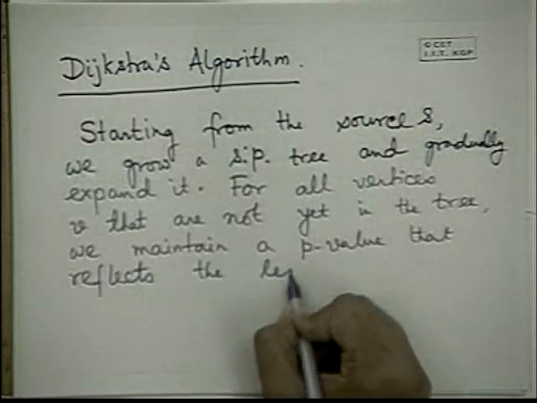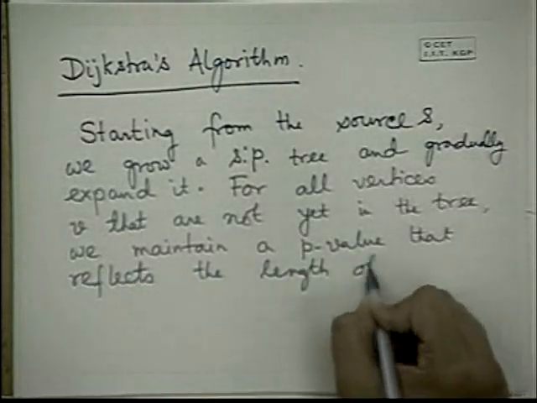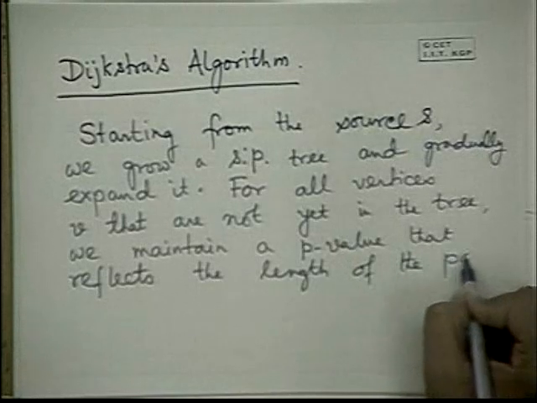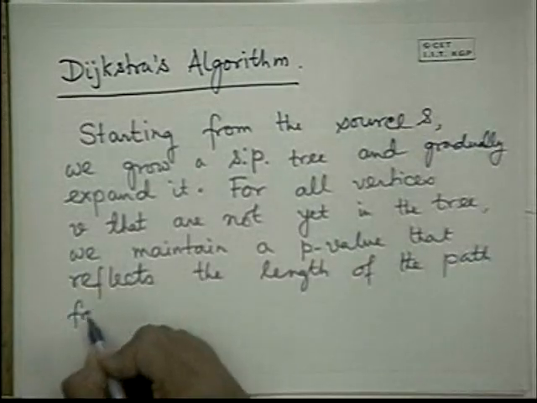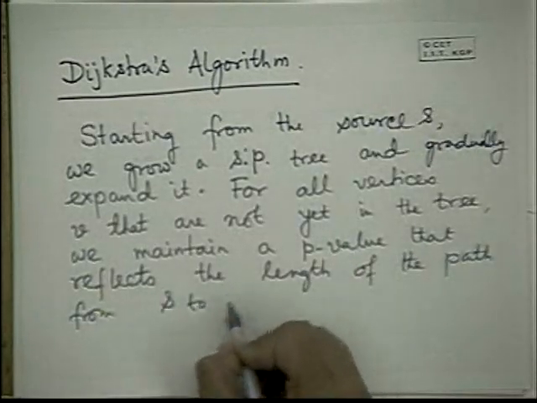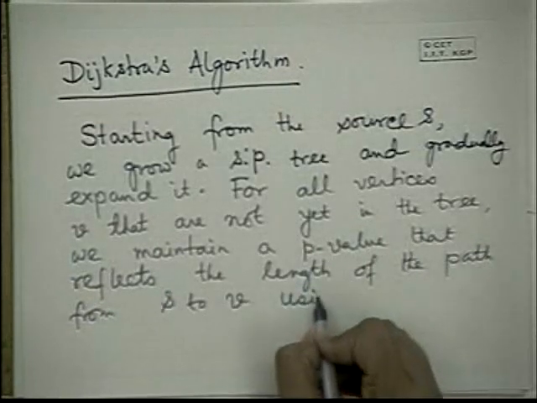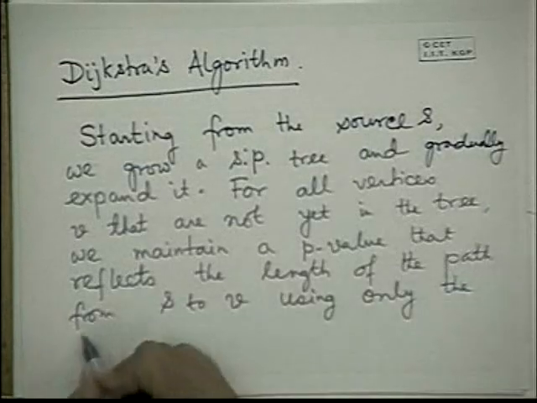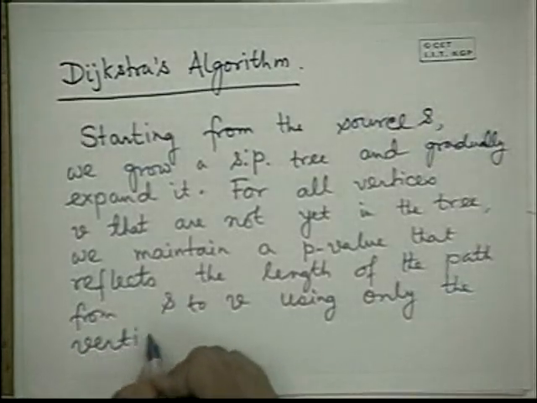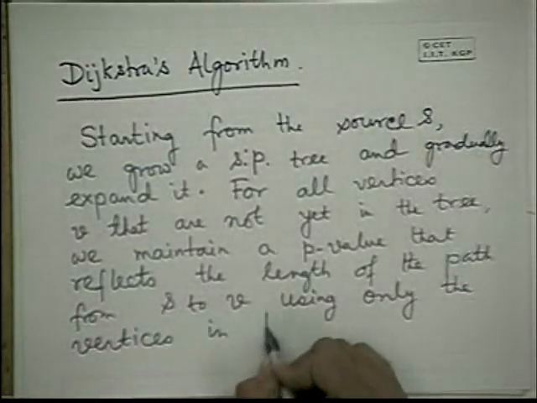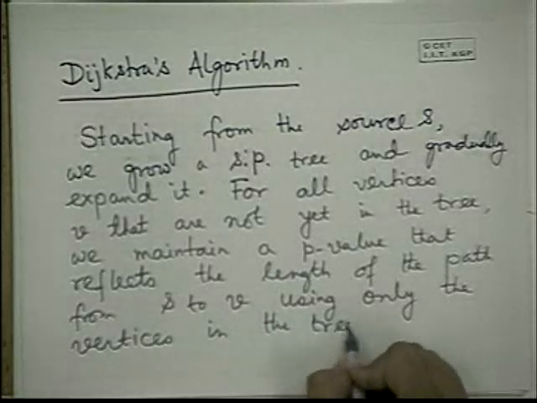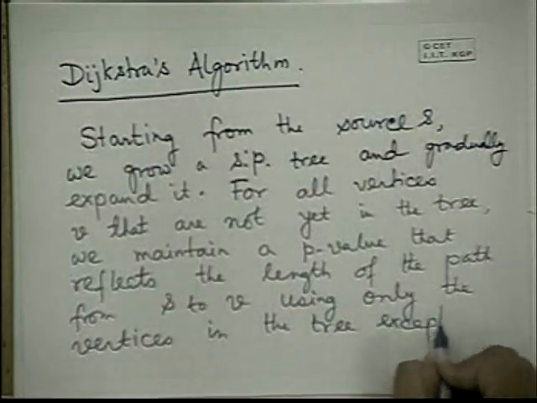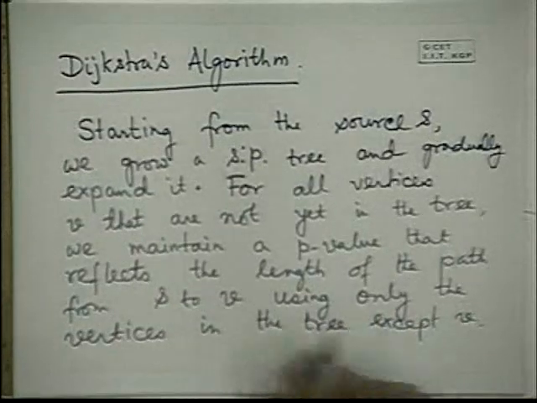It is the length of the path from S to V using only the vertices in the tree except V. So if you first read this statement, then I will also explain what it means.